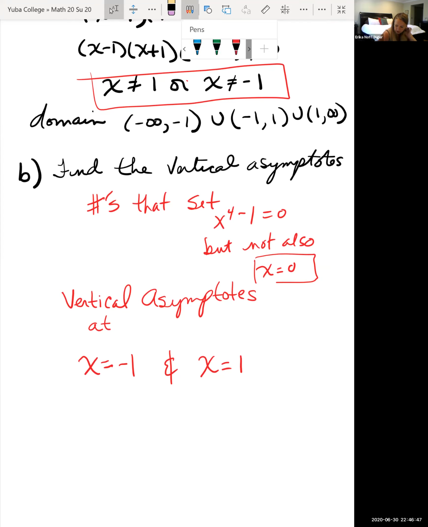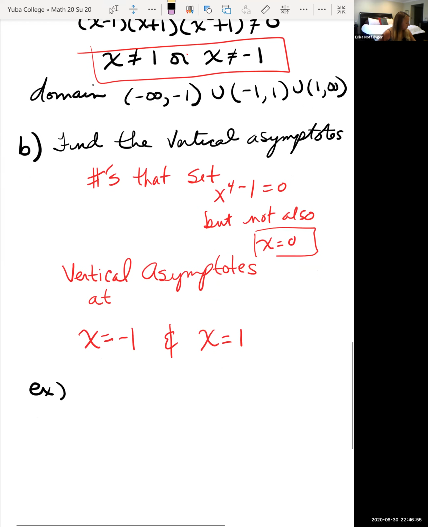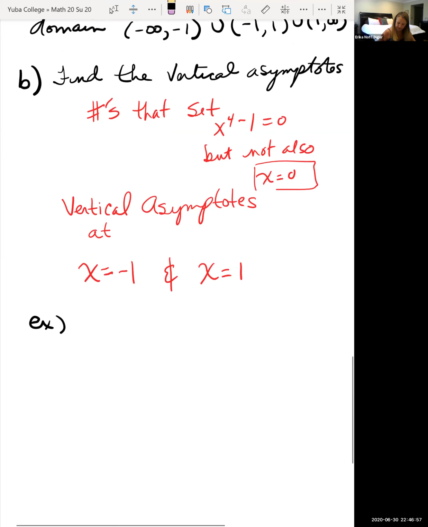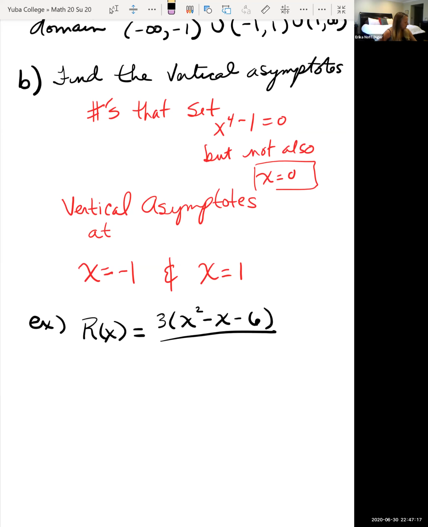Maybe one more. So if we had r of x equal to 3 times the quantity x squared minus x minus 6, all over 5 times the quantity x squared minus 4.